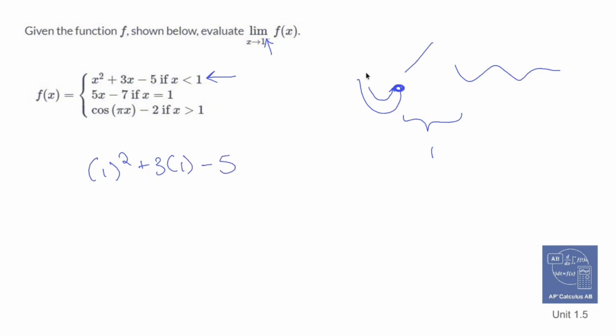And what this does is this gives us the limit as x approaches 1 from the left. 1 plus 3 minus 5 is going to be negative 1. All right, so since this is coming from the left, we are focused on the left-sided part of this piecewise function, which is that first equation right there. We plug in 1 because the limit is basically at 1, so it's like 0.9999999, and then we get negative 1, which is going to be our limit.